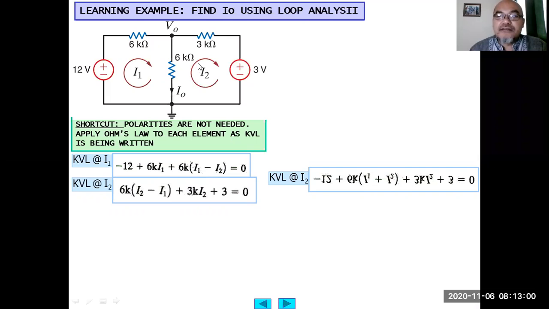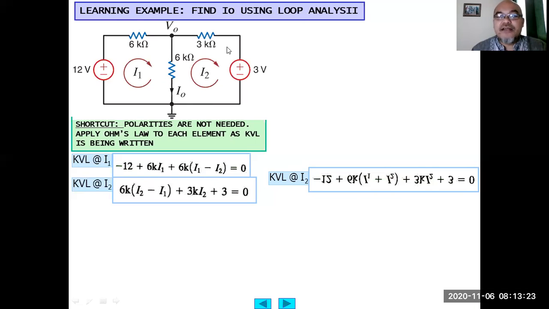At loop current 2, if we depart from this reference here clockwise, according to the direction of the I2 loop current, then it will be 6 kilo ohm multiplied by I2 minus I1, because there is I1 flowing through the 6 kilo ohm resistor here in the middle.